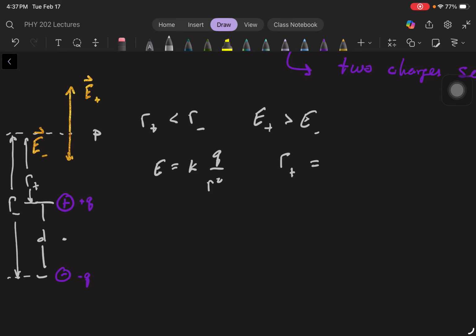We also define that P is at, actually we're going to change P to Z. So then R plus is going to be Z minus D over 2, if we're going from here to here.